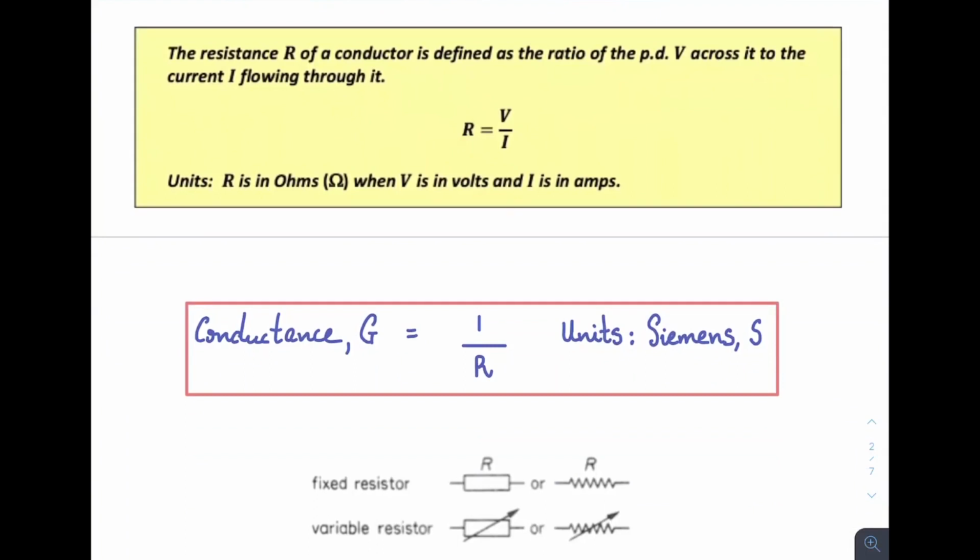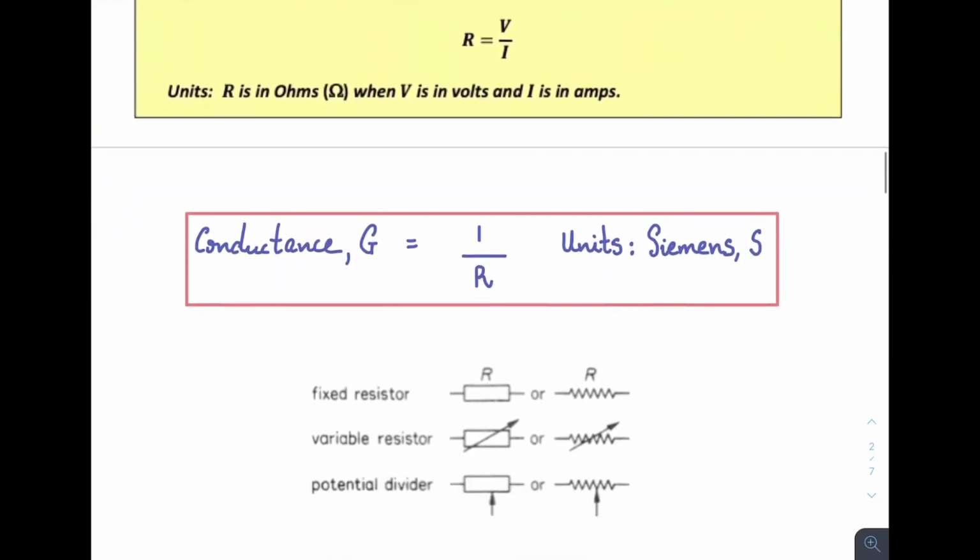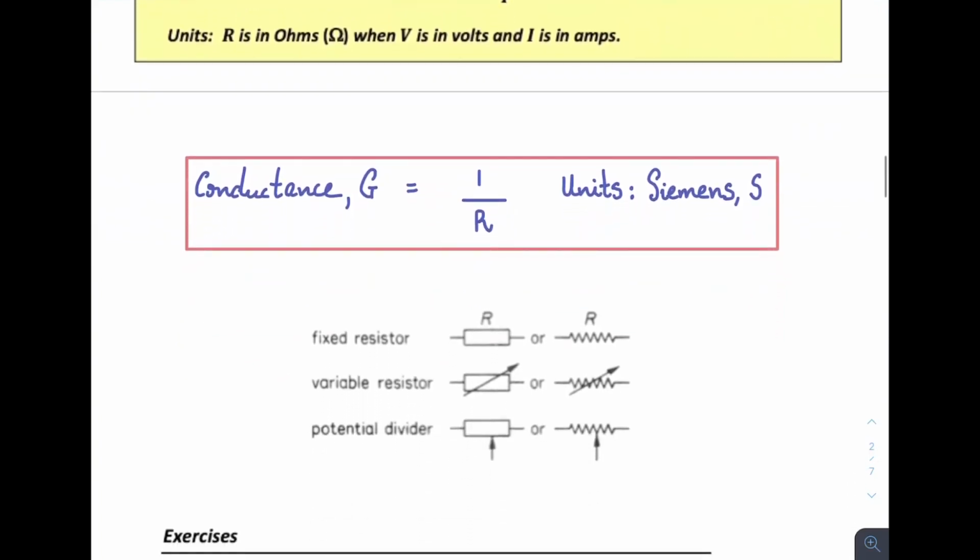And we can also define the conductance, symbol capital G, of a metal as the reciprocal of its resistance. So G is equal to 1 on R with units Siemens, capital S, equivalent to ohms to the minus 1. And here are a few symbols used for resistors in circuits.